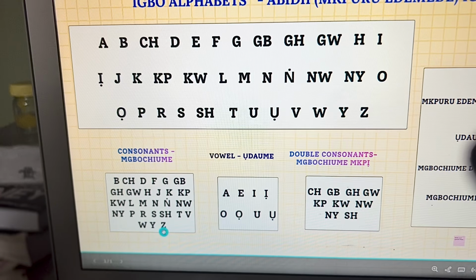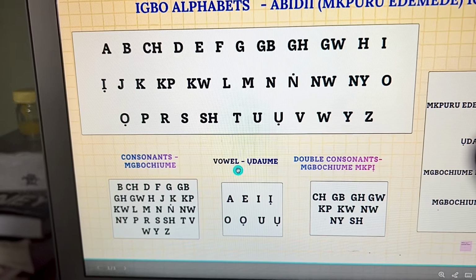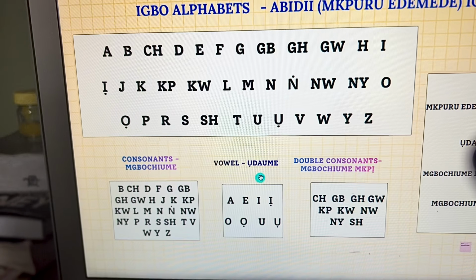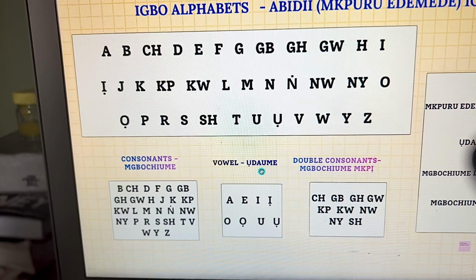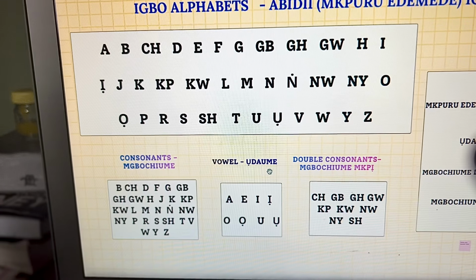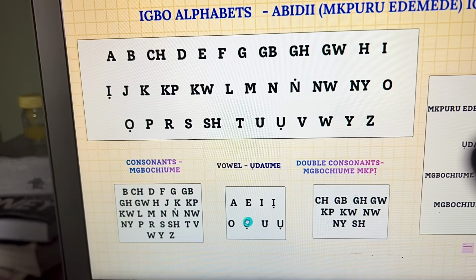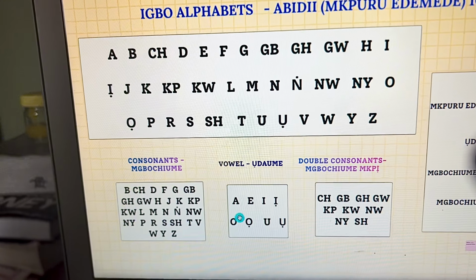These are the consonants. Now we'll look at the vowels. The vowels are also known as Udume. So, the vowels are 8 in number.